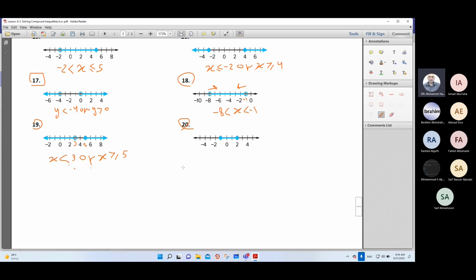Step 2, less than or equal to x, and -1 greater than or equal to x. Great, but we can write it as a compound because here we have and. x between two values.